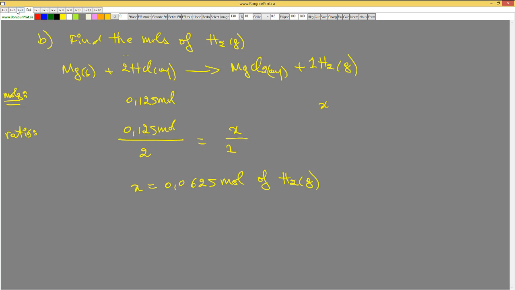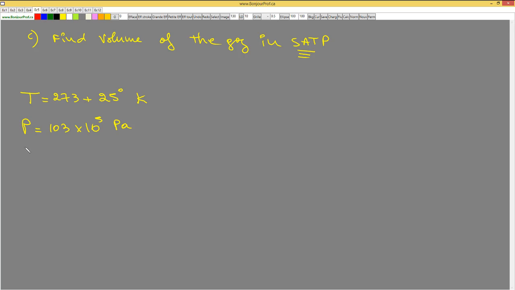So this is what they are giving you, but we also have n. How much did we find for n? The number of moles. We found the number of moles: 0.0625 moles. And we have R. R is a constant.